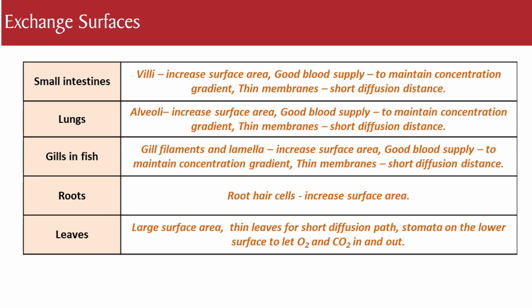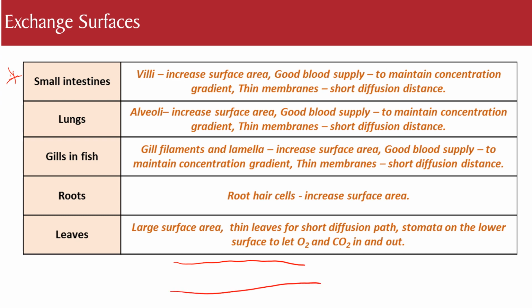And the last little thing then is exchange surfaces. Exchange surfaces are where there is transport, whether it's diffusion or active transport, across a surface. If I just talk about the small intestine first, that's how you imagine your small intestine.